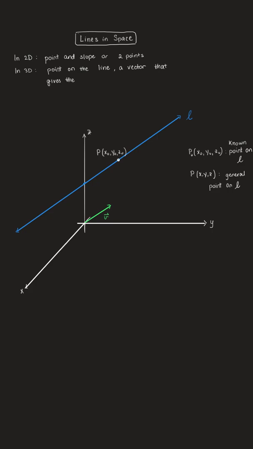This vector is called the direction vector. So that's like the slope. The direction vector gives us the direction of the line.